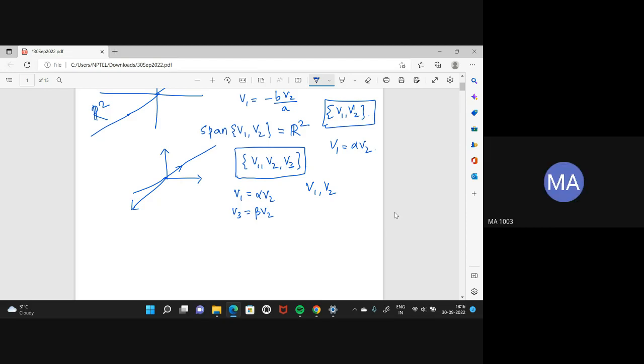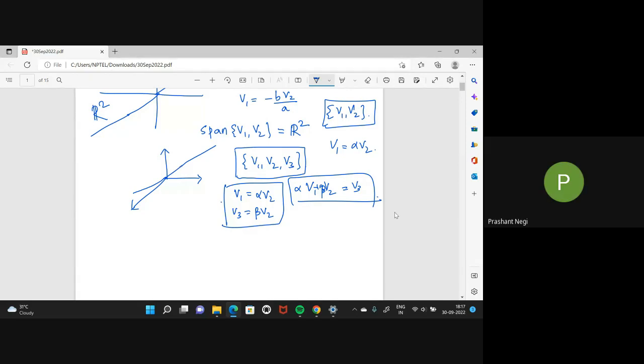Suppose v1, v2 are independent and v3 is alpha times v1 plus beta times v2 or something like this. This is also possible, right? This is one case, and this is another case. So if v1 and v3 are both scalar multiples of v2, they are all going to lie on one line. Agreed?